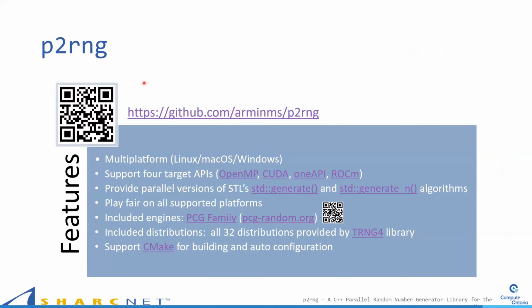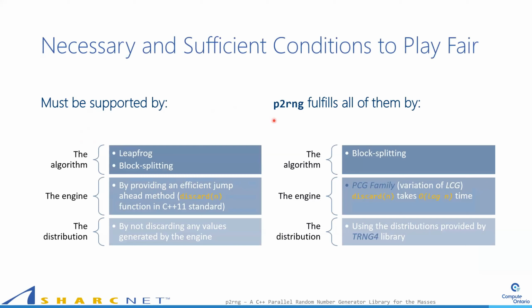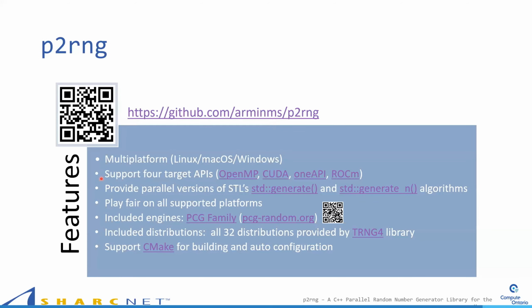And finally, let's see what p2rng is. p2rng is a modern header-only C++ library for parallel algorithmic random number generation. Let's check the features here. It's multi-platform: you can use it under Linux, Mac OS, and Windows. It supports four target APIs: OpenMP, CUDA, OneAPI, and ROCm, and it provides parallel versions of the STL algorithms generate and generate_n, which are based on the block splitting technique we already mentioned.